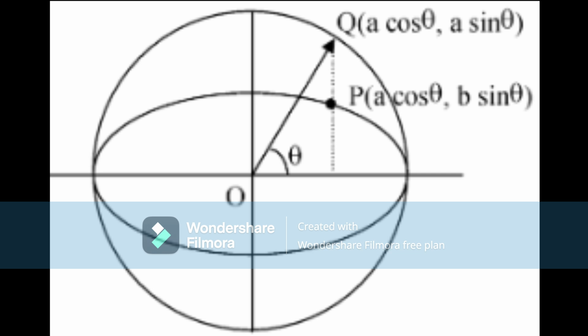We have a cos theta comma b sine theta, and so we get our proper form, no issues.